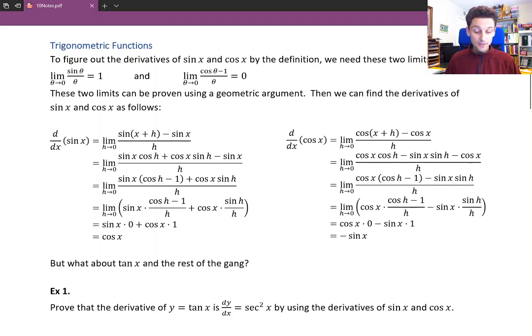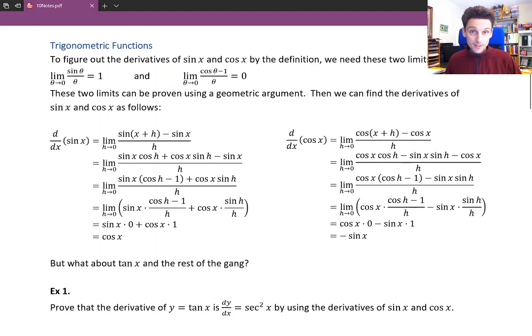Then the plus cosine x sine h we can copy down, and then what we can do is split this up into two separate fractions, one for the first term and one for the second term. Each of those would have an h underneath.